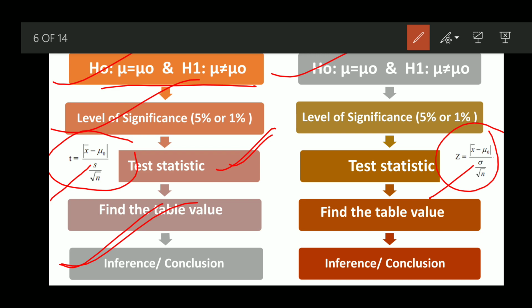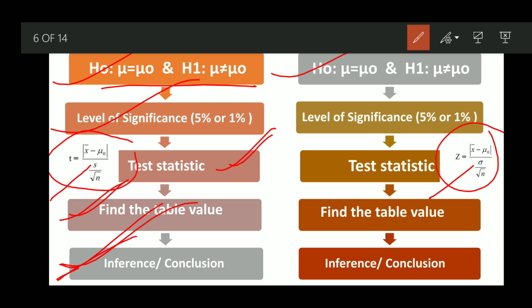Once you have your test statistic, that means your calculated t value, and this is your tabulated t value. Accordingly, you have to decide: if your test statistic or your calculated t value is greater than your tabulated value, then your null hypothesis is rejected. That means your test is significant.